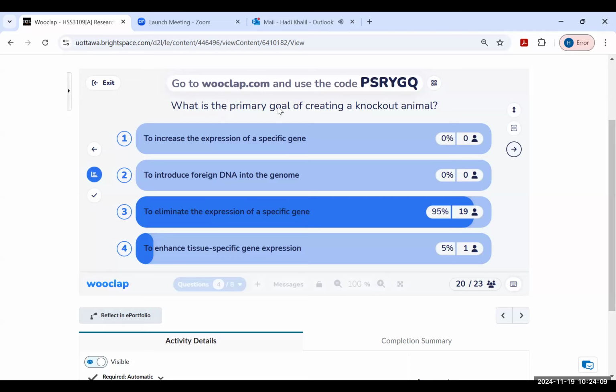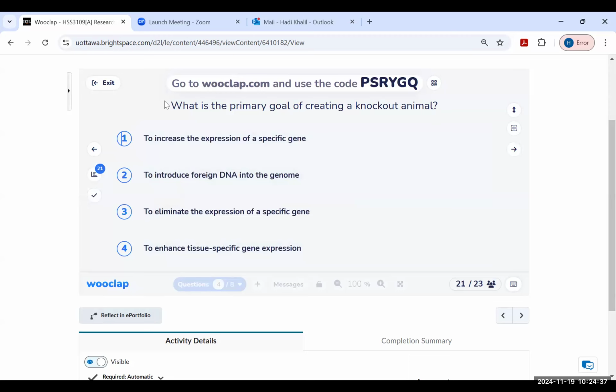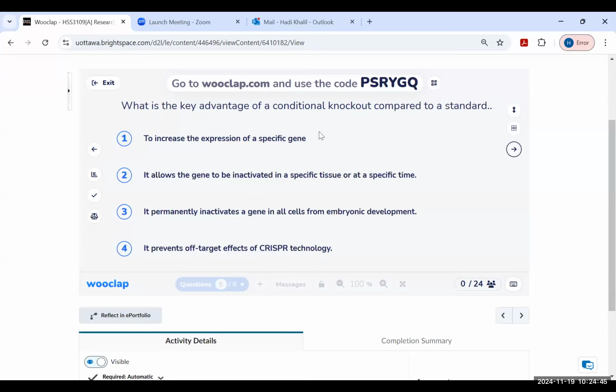What is the primary role or goal of creating a knockout animal? Increase the expression, introduce foreign DNA to the genome, eliminate the expression of a gene, and enhance tissue-specific gene expression. Pretty good. Now, this question can be problematic if a little bit more details are added. And let's see the next one.